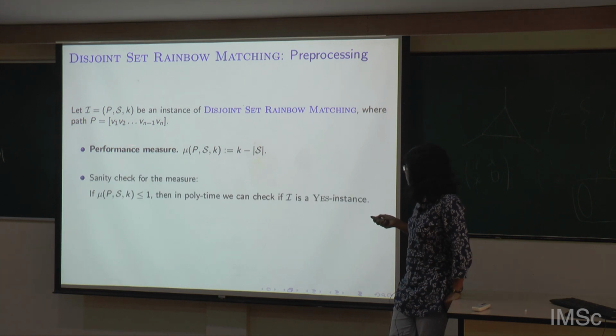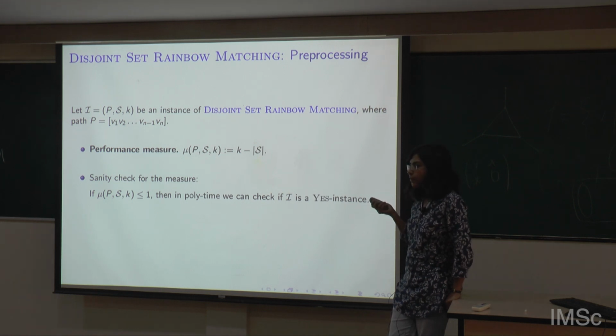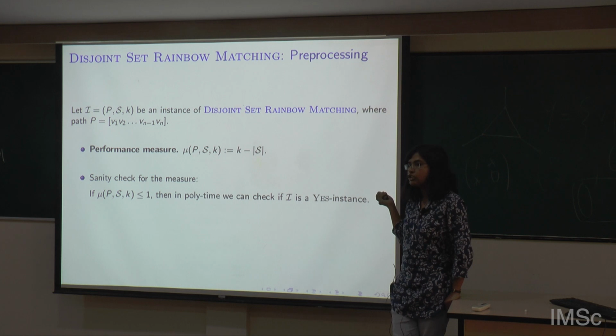The first sanity check is whether this parameter is less than or equal to 1. If this parameter is 0, that means your k is exactly mod S. So you don't want any edge from the path that you are given; you just want as many edges from the set. As you saw in the previous slide, we can achieve that in polynomial time just by finding a matching in the auxiliary bipartite graph.